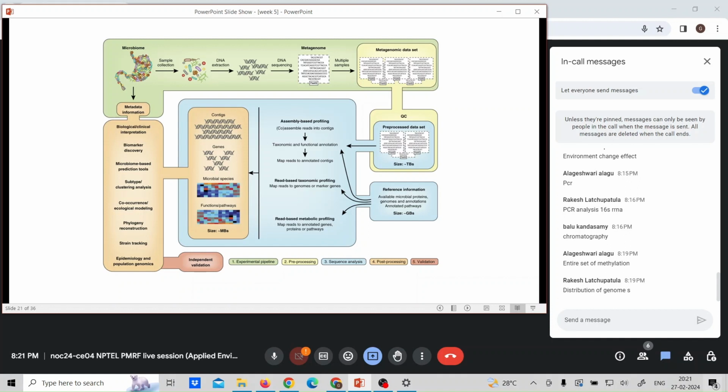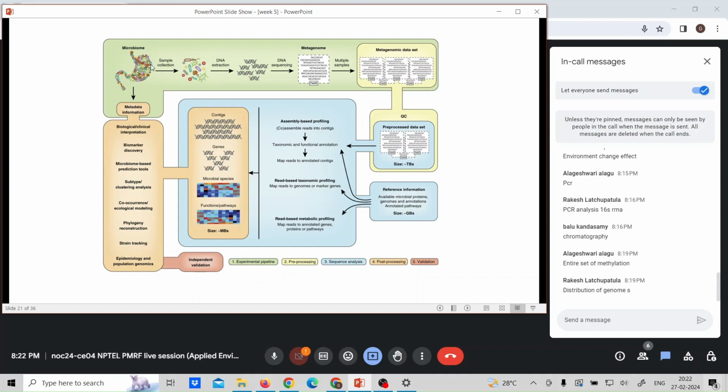You can do clustering analysis, ecological modeling, phylogeny reconstruction, strain tracking, epidemiology, as well as population genomics. Since we have this human microbiome, you can do epidemiological studies and population genomics also. That is how important metagenomics is.